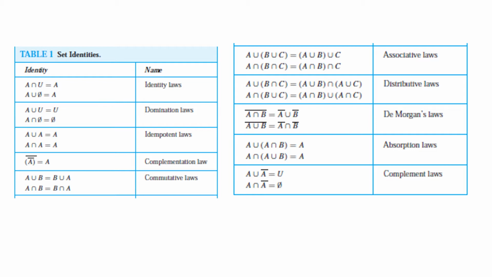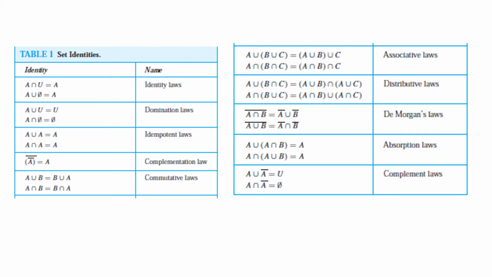The domination laws: when you have the set A union with the universal set U, that's equal to the universal set. And if you have set A intersect with the null set, that's equal to the null set.